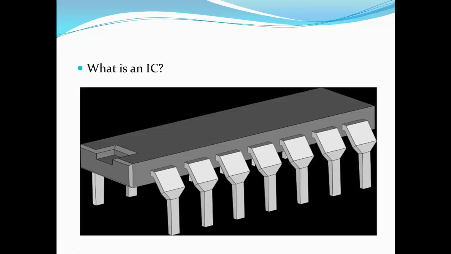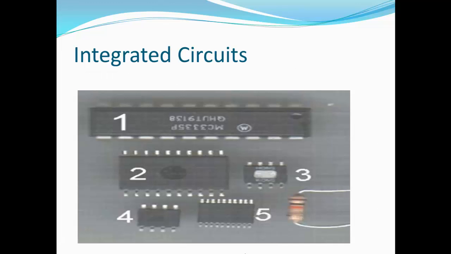And to know more about amplifiers, we have to know about ICs. What is an IC? It's an abbreviation of integrated circuit, and these are types of integrated circuits. They have different sizes, as you see here.